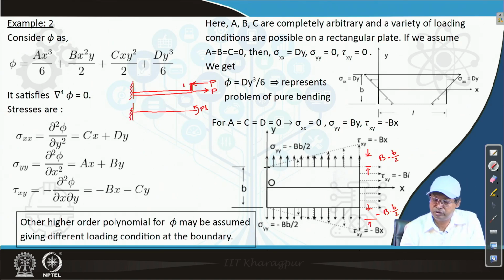So the shear stress is varying this way here, similarly this way here, and it is constant at this end.